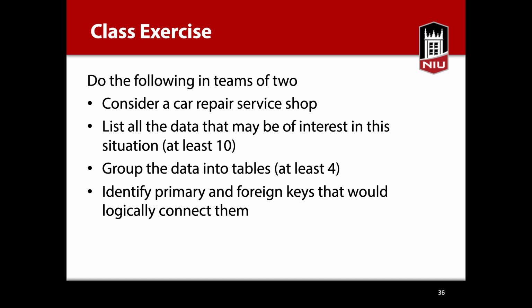Think of those, and then jot down a few attributes that you think are related to those different entities, and see if you can create the relationships using primary keys and foreign keys to be able to understand how you would go about modeling something, for example, a car repair shop, and see what kind of questions and concerns you have. And as we go through the class, see if we answer those questions or if we want to have a side conversation to help you get a deeper understanding.